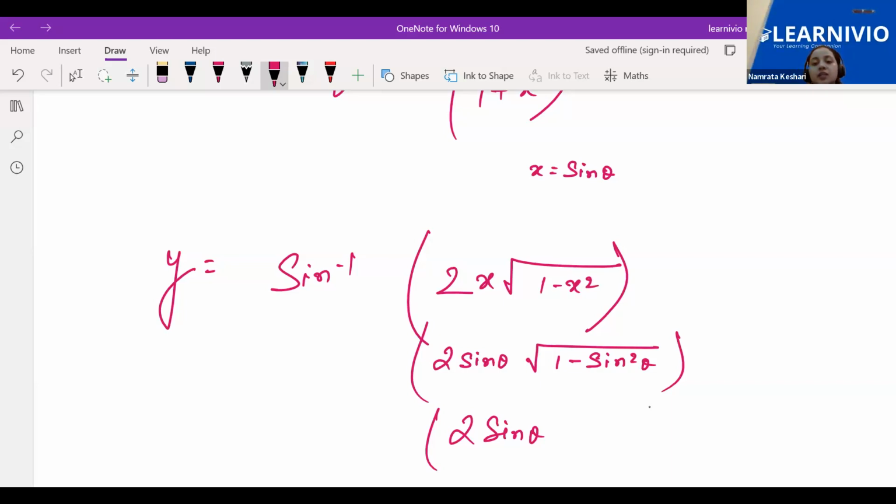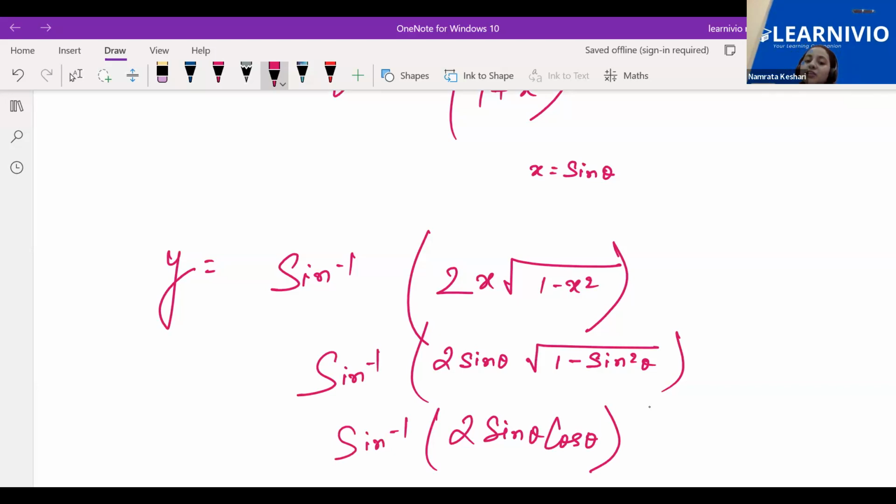Under root of 1 minus sine square theta is what? Root of cos square theta comes out as just cos theta, yes or no? Yes. Will it work? Yes, it will work.